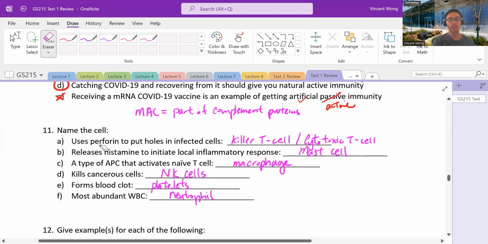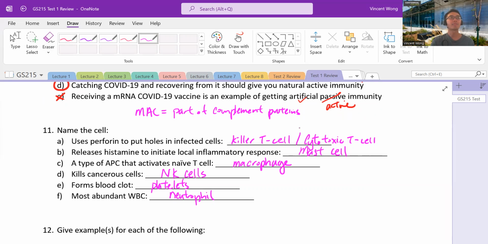This protein is secreted by the killer T cells. This is the end product of all those reactions that take place when you activate complement proteins. Furthermore, this is part of innate immunity, whereas this thing that we're describing here, because it involves T cells, is part of adaptive immunity.